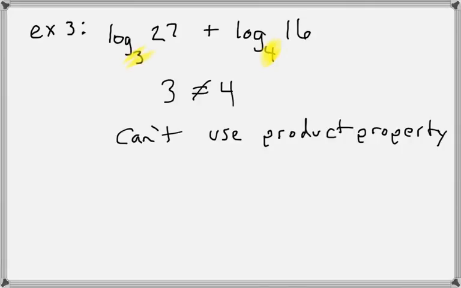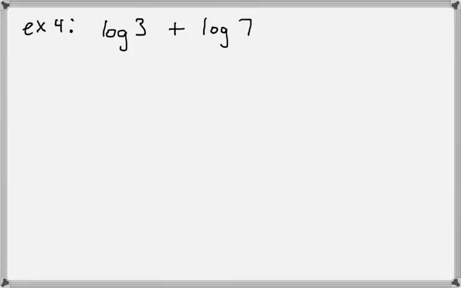Let's look at another example. Here we have log 3 plus log 10. There is no base listed. So is it the same? Well, when there's no base listed, it is always going to be a 10. That is your normal log. So a log base 10, if there's no subscript listed there, it is a 10.